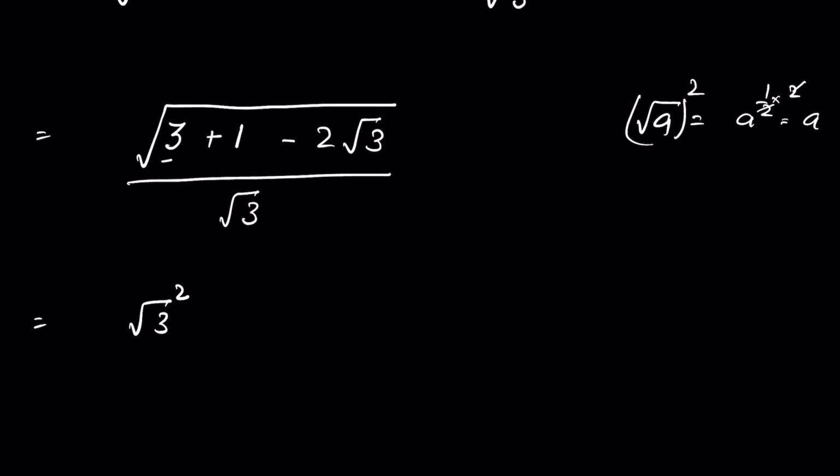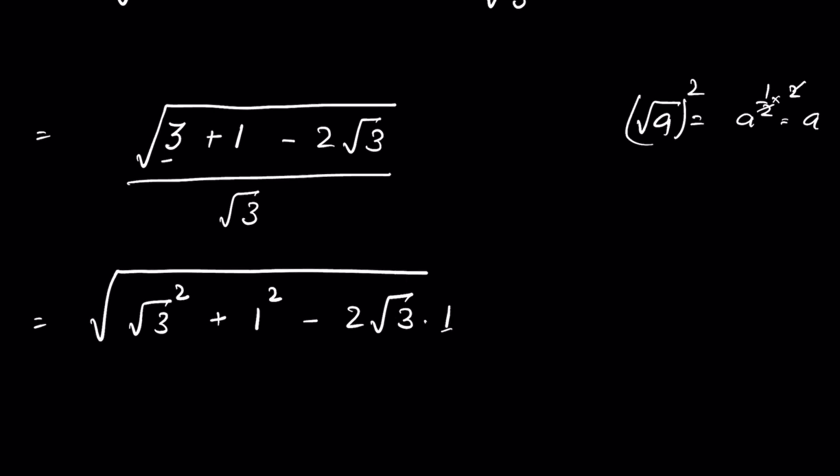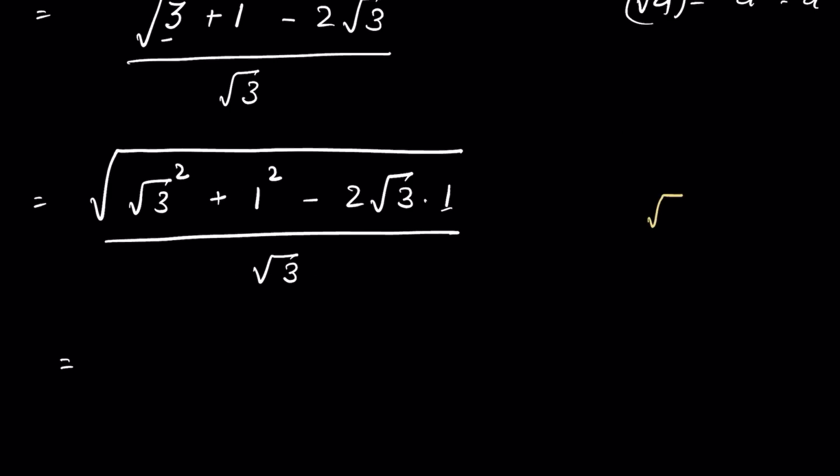So 3 we can write as square root of 3 square, plus 1 we can write as 1 square, minus 2 times square root of 3 times 1, all under square root, upon square root of 3. Now if square root of 3 is a and 1 is b, then this is in the form of a square plus b square minus 2ab.